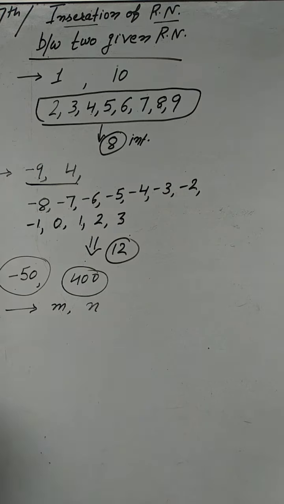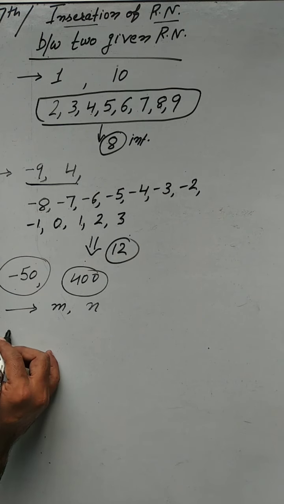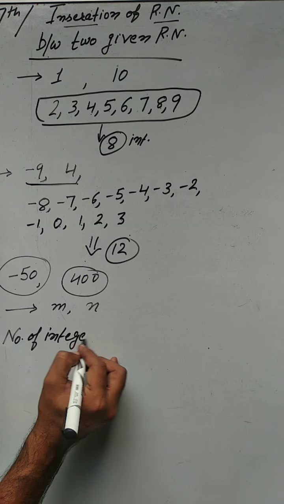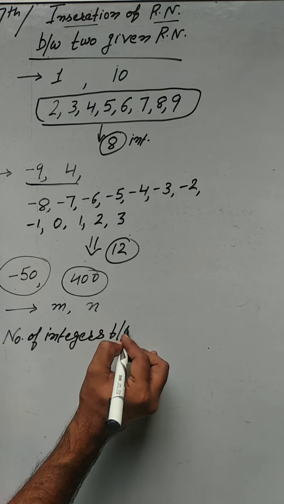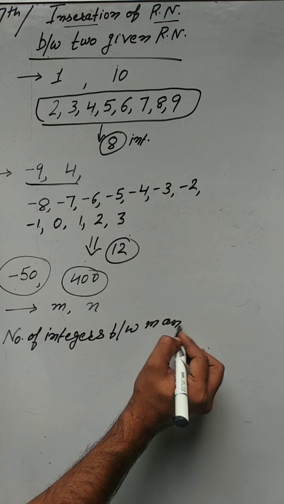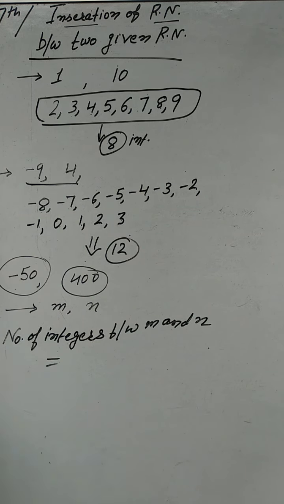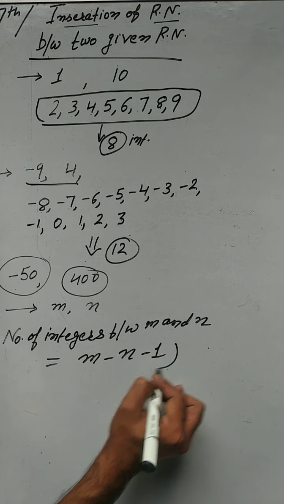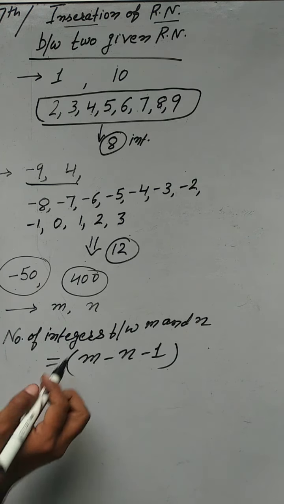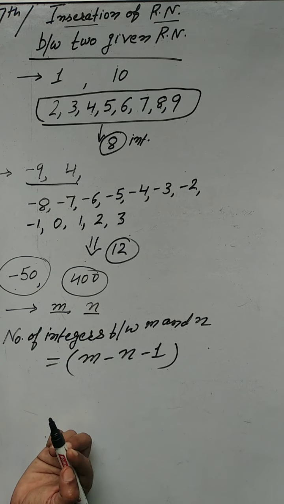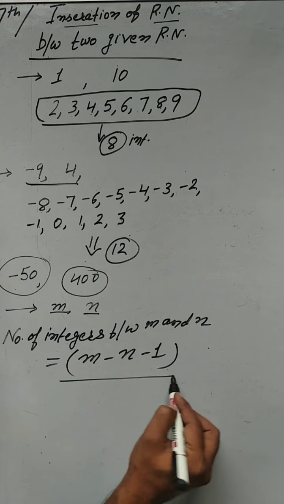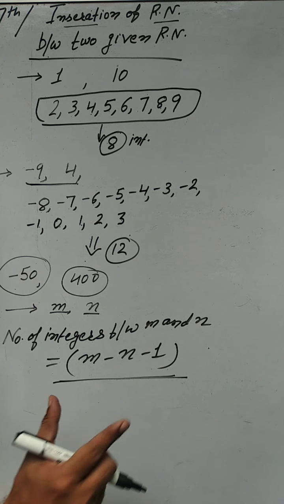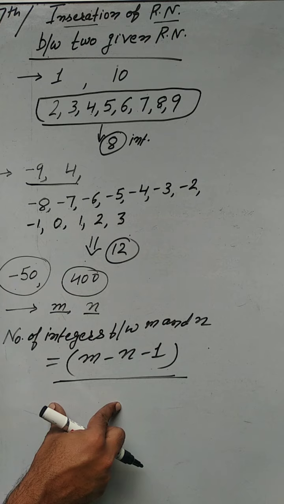The number of integers between m and n will be equal to m minus n minus 1. The number of integers between two given integers will be equal to m minus n minus 1. You have to keep this formula in mind. You have already studied it in class 6th.